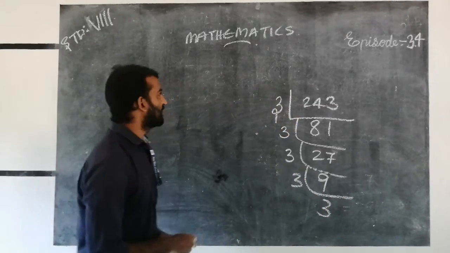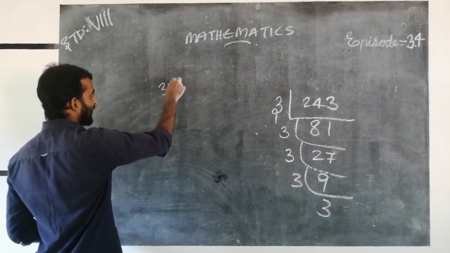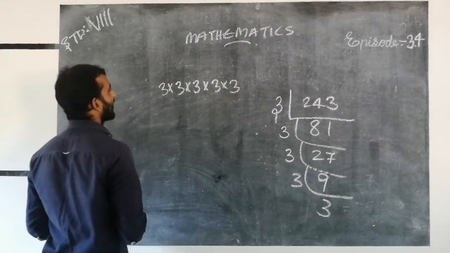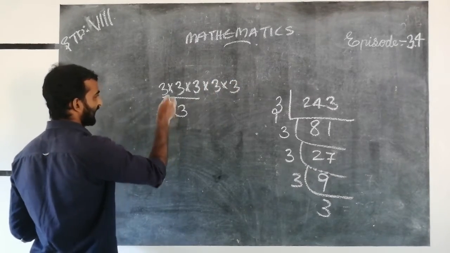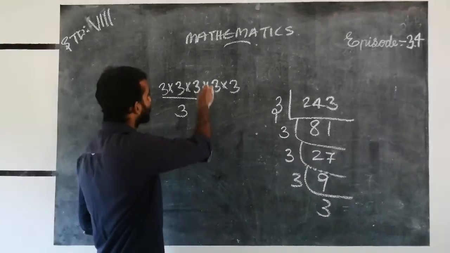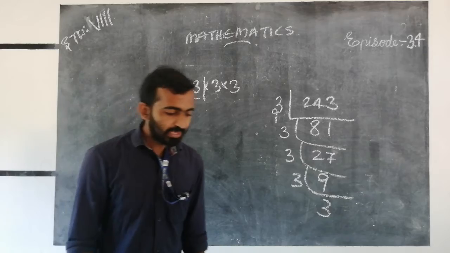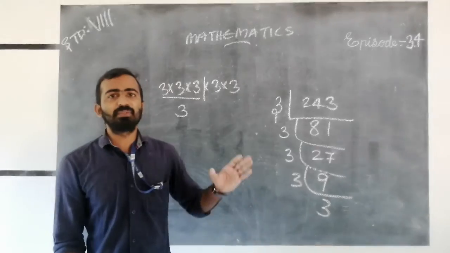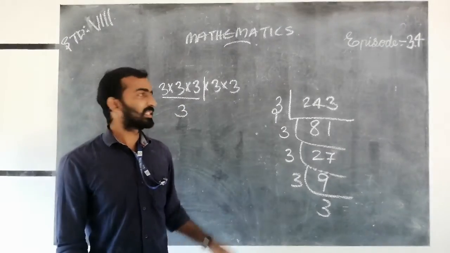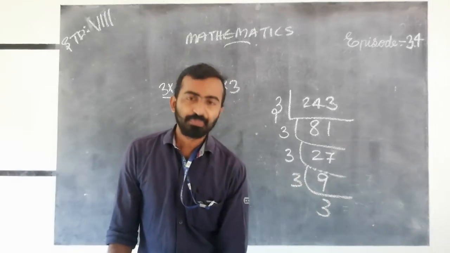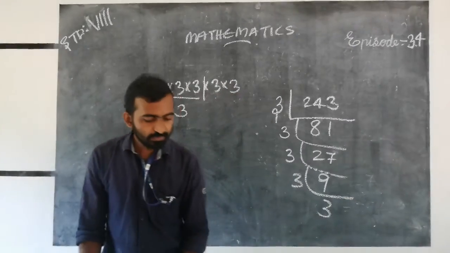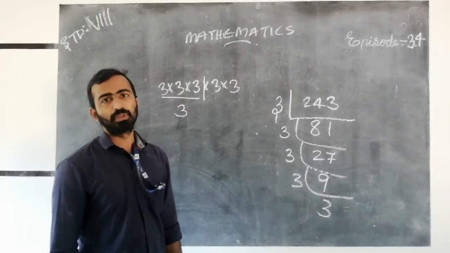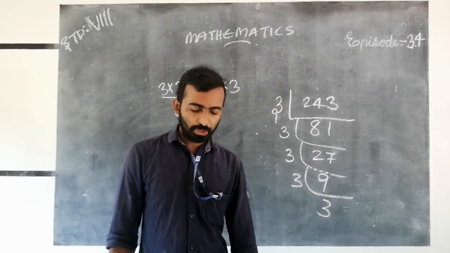When we write it, 3 into 3 into 3 into 3 into 3. Here we can write 3, and next there is only 2. When we group in 3s, there are only 2 times. Therefore, 243 is not a perfect cube.